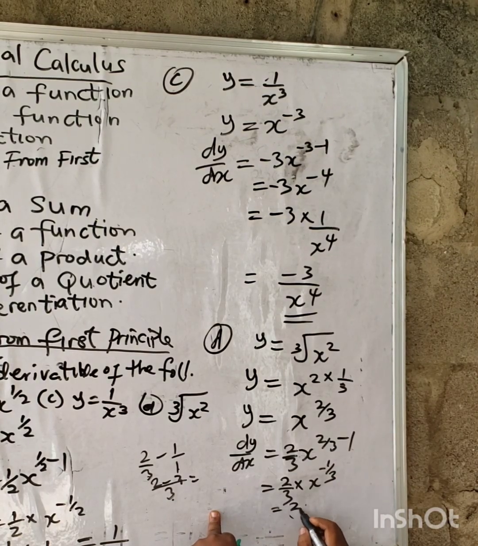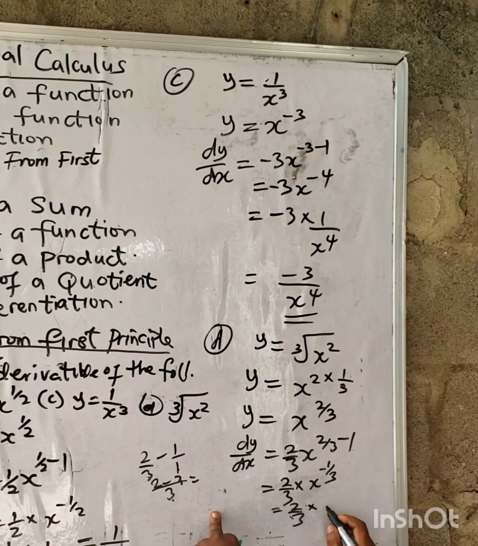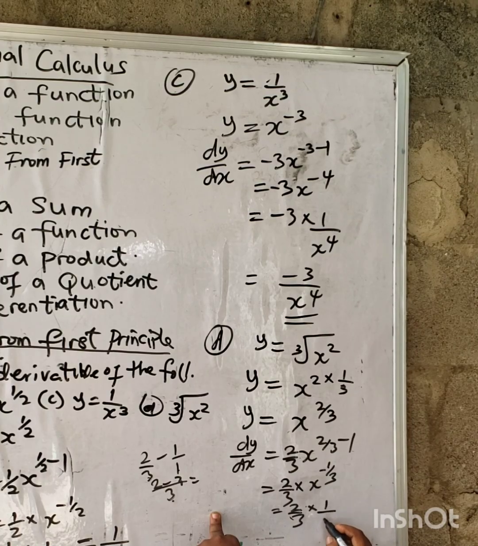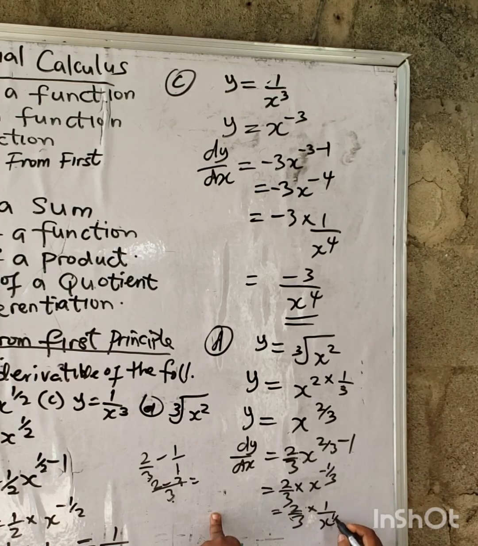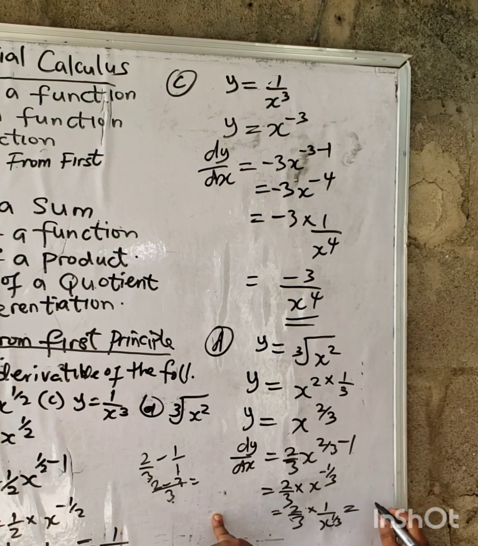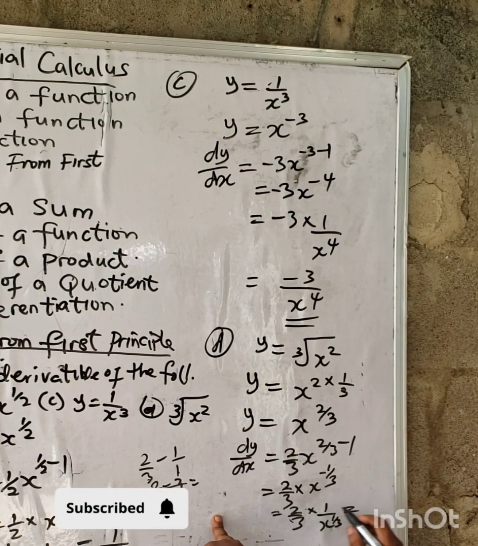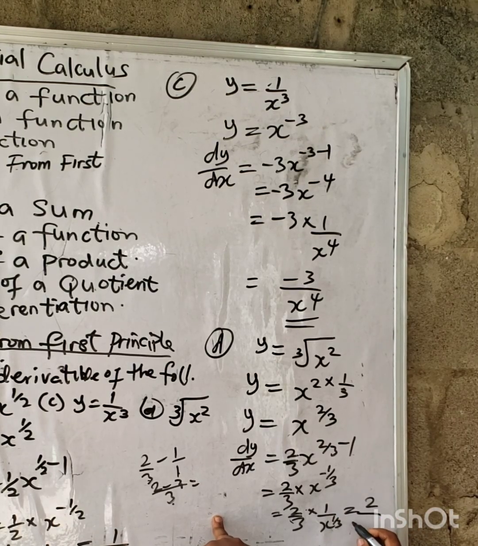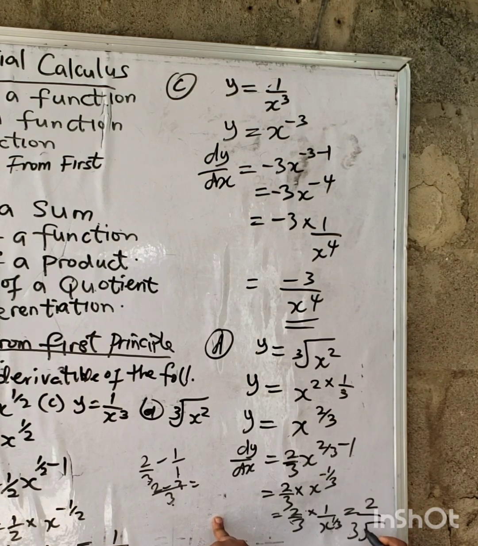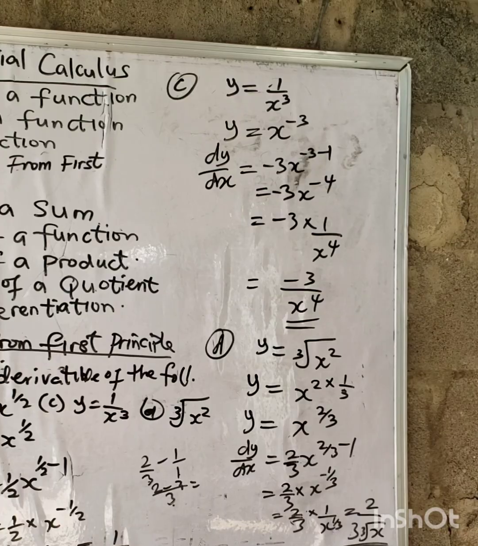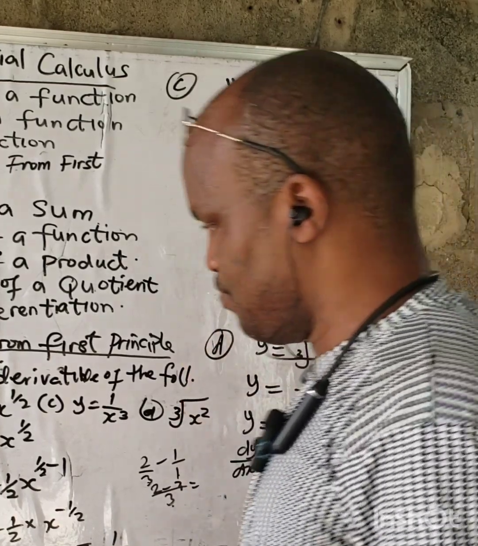This will become 2 over 3 times 1 all over s to the power 1 over 3. Therefore, we can say 2 all over 3 cube root of s. This is our final answer.